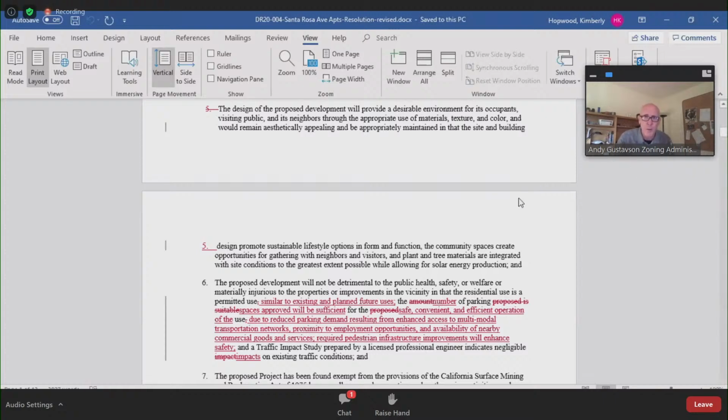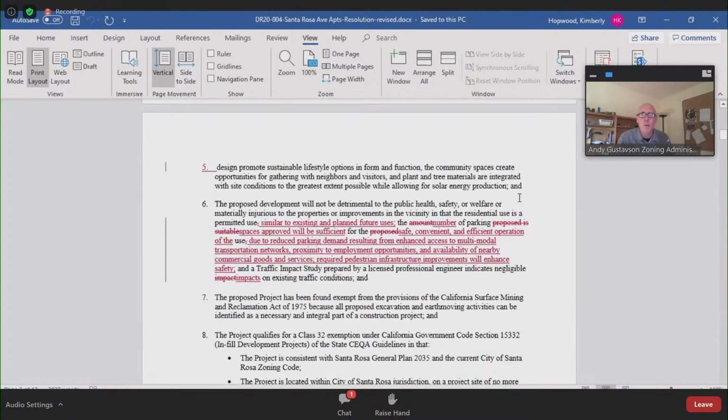So thank you very much. With regard to finding number 6, while there may not be the same level of traffic issues or pedestrian safety concerns on Kiwanis Springs Road, this project deals with the traffic issues there.